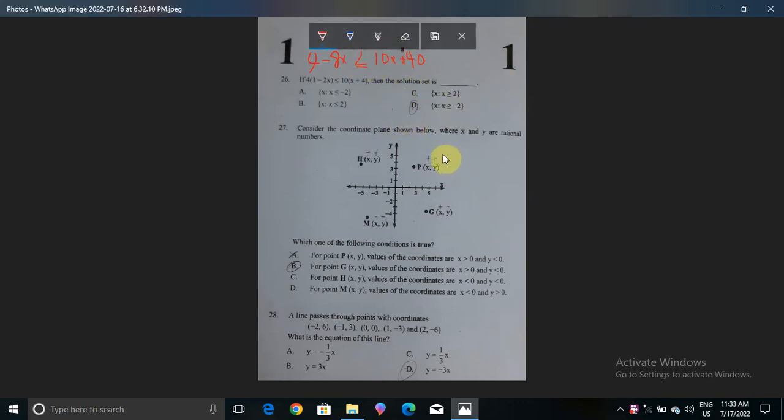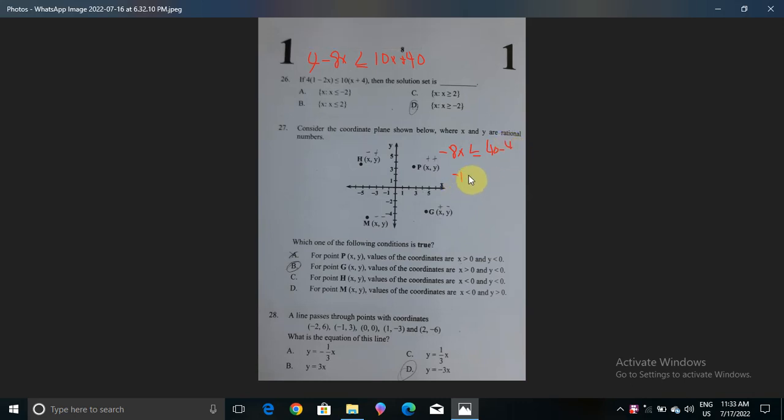Then what we'll make here, negative 8x less than or equal to 40 minus 4.